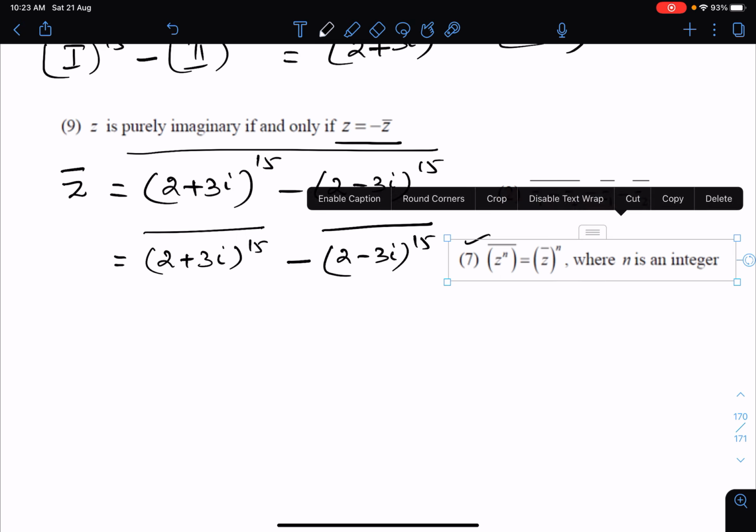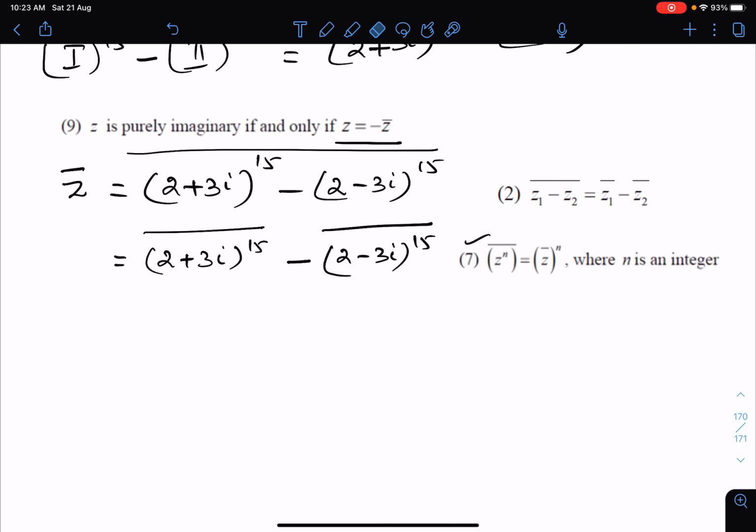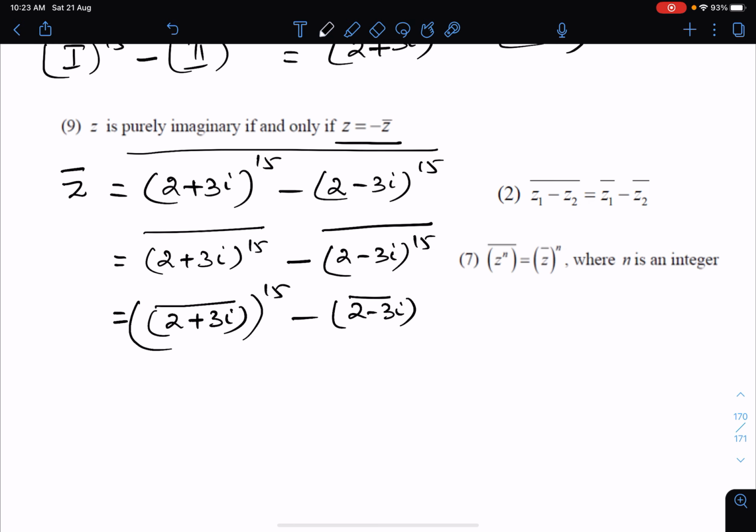properties of the indices here. You can bring the power outside and the conjugate inside. So what is this going to give for us? 2 plus 3i conjugate power 15, similarly 2 minus 3i conjugate power 15.